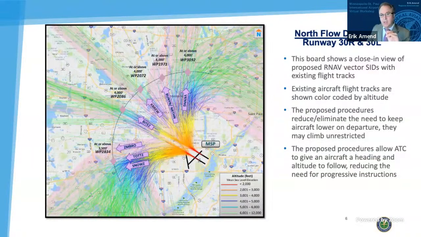And then the pink shading shows what our planned dispersion is under the new procedures. But all these colors, starting with the red to the orange to the yellow, and then the blue and the teal and the light green, they all depict the altitude of the aircraft, which is really, really important as far as noise, what the noise sounds like on the ground.